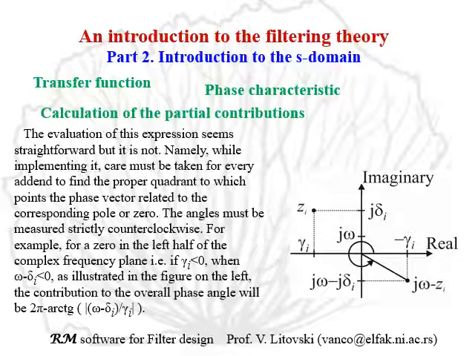The angles must be measured strictly counterclockwise. For example, on the right-hand side, we have a zero which is located in the left half of the complex frequency plane, zi, top left. This means that gamma i is negative.